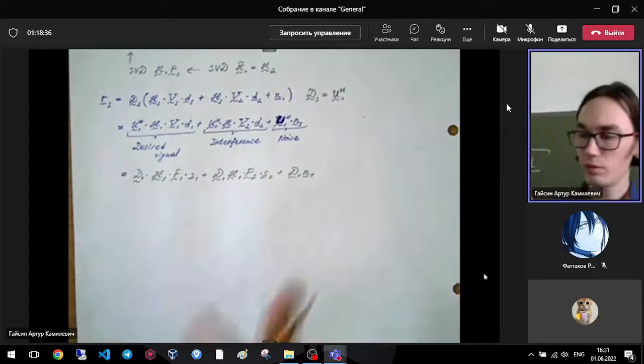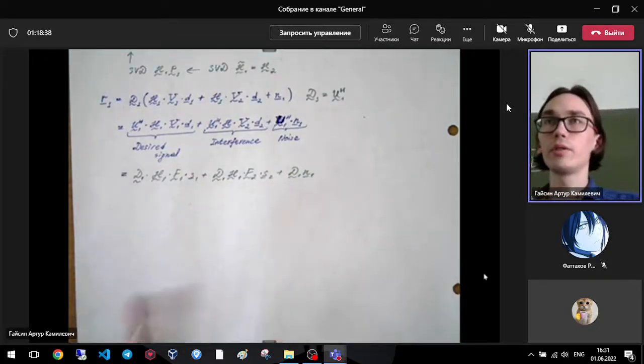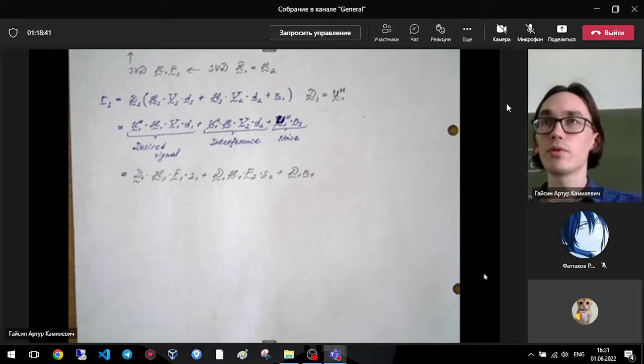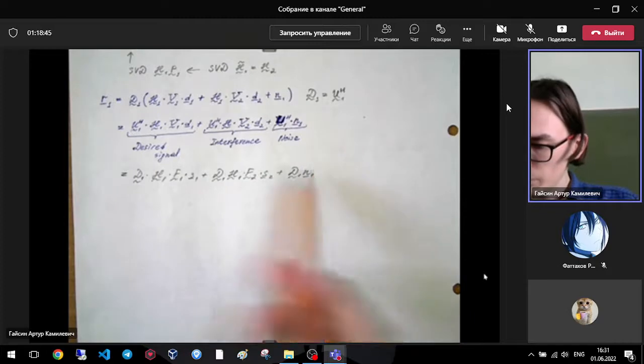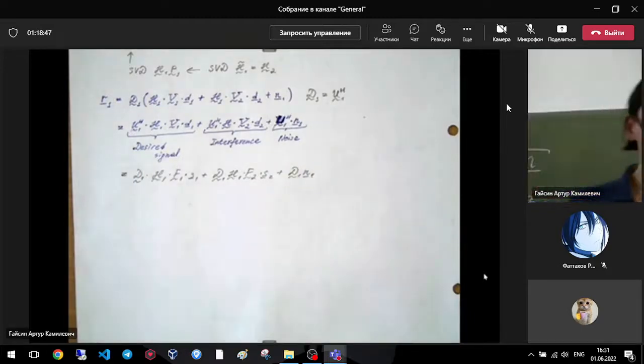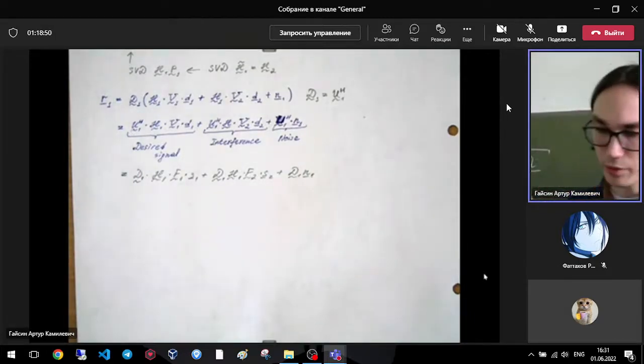So it is also a correct version of the explicit expression. So you can write it as this one or as this one. It is also correct.